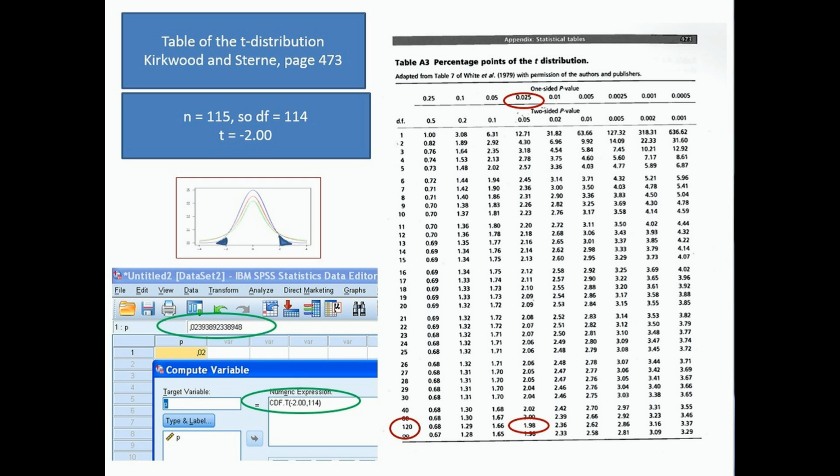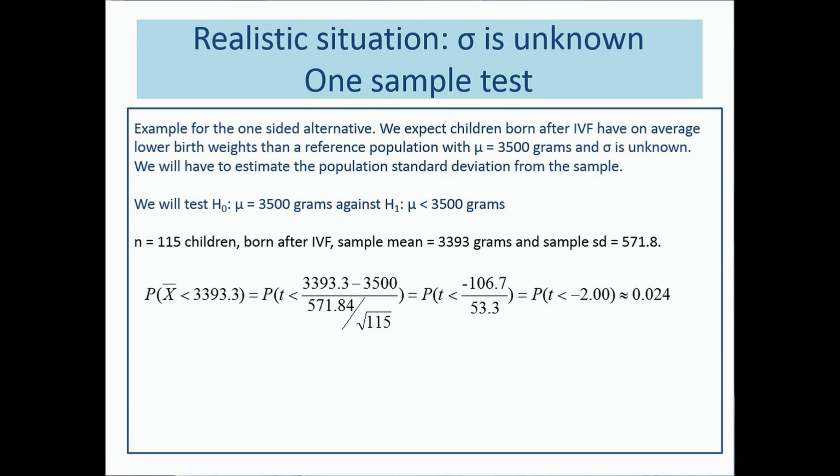And SPSS will calculate for us, with a lot of decimal places, the p-value. In this case, it's rounded 0.024, which is close to the table value 0.025. So we can fill in the 0.024.